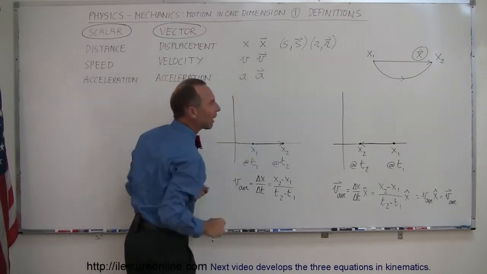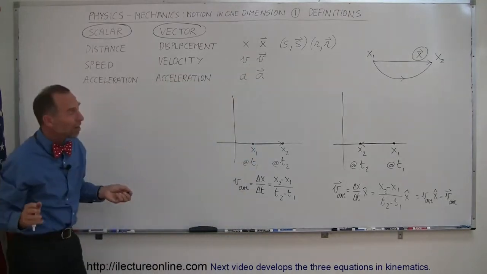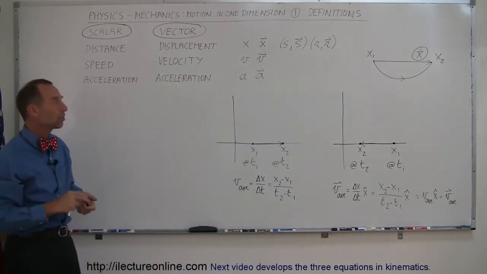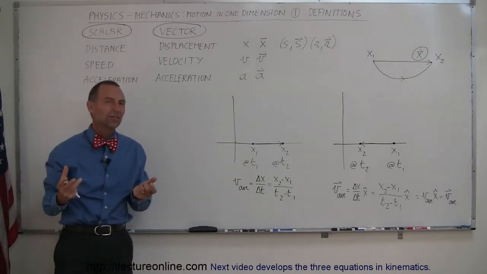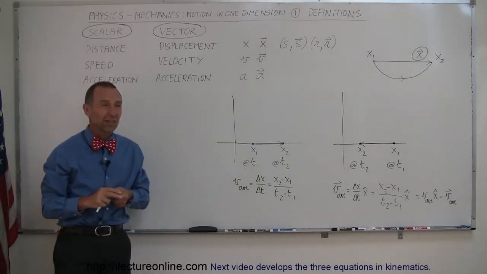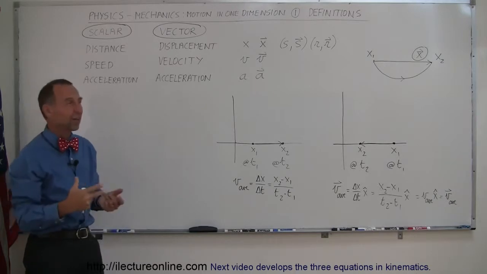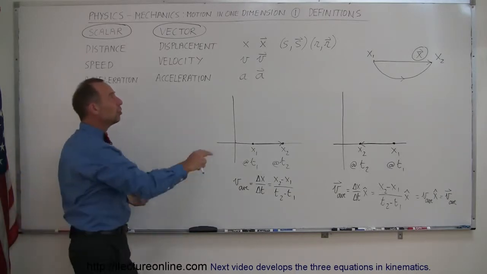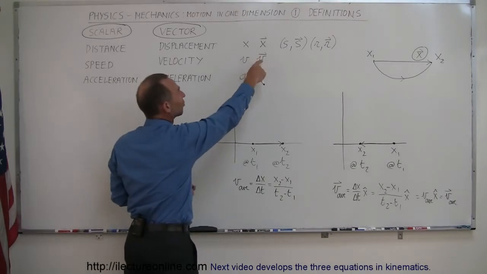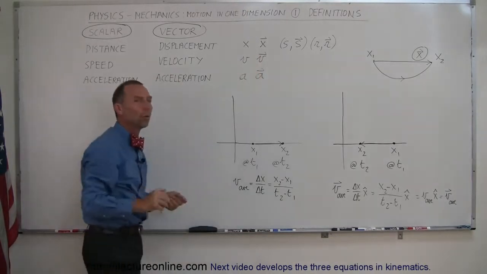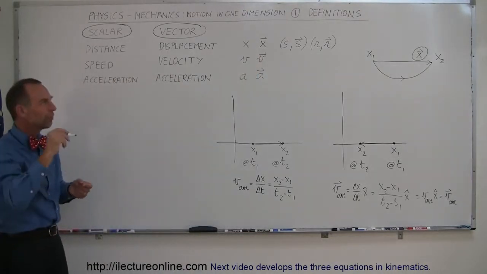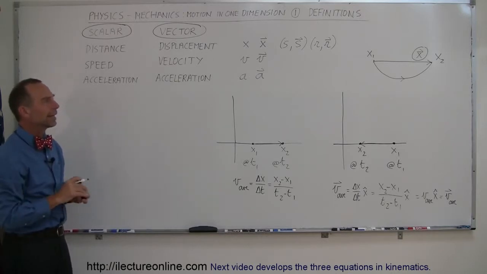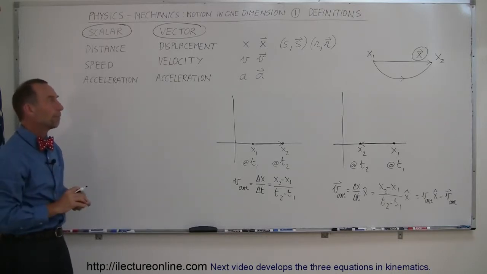A v with the symbol on top means velocity. Now, quite often in classrooms and in textbooks, they will use the term velocity interchangeably. So they'll say velocity when they mean speed, they say velocity when they mean velocity, and sometimes it's hard to tell the difference. Usually you can tell the difference by the characterization, by the little arrow on top, or sometimes in a book they use a bold-faced letter, a thick letter, that indicates that it's a vector quantity.